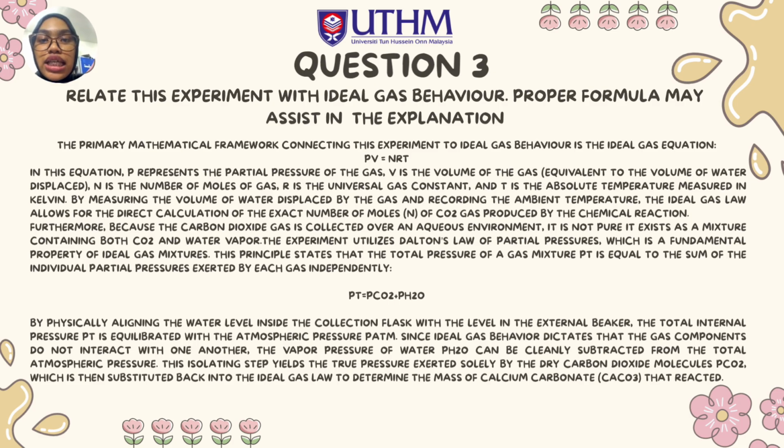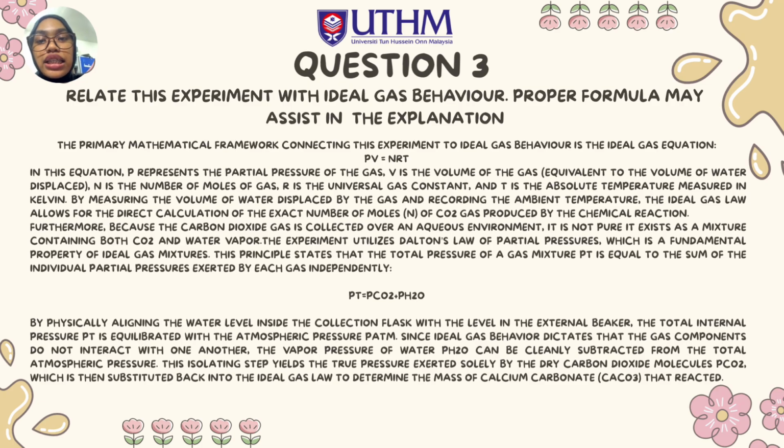This principle states that the total pressure of a gas mixture PT is equal to the sum of the individual partial pressures exerted by each gas independently. PT equals PCO2 plus PH2O. By physically aligning the water level inside the collection flask with the level in the external beaker, the total internal pressure PT is equilibrated with the atmospheric pressure PATM.